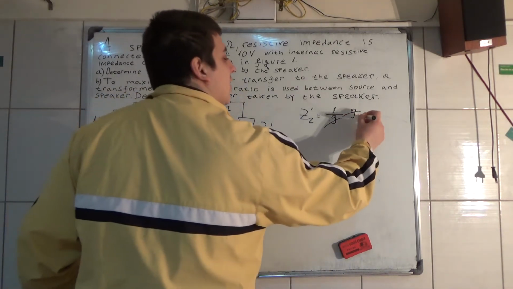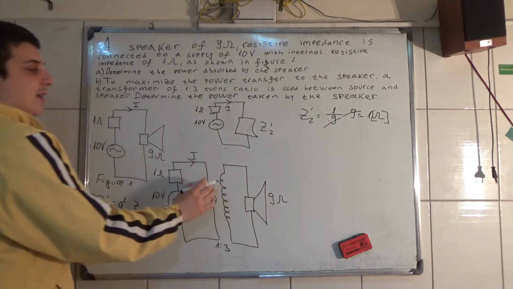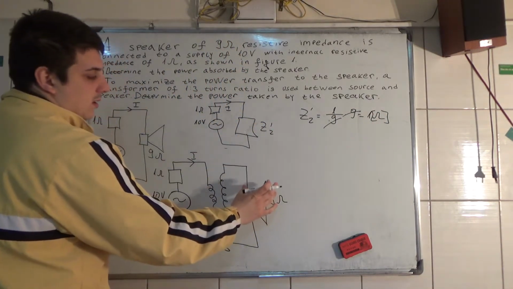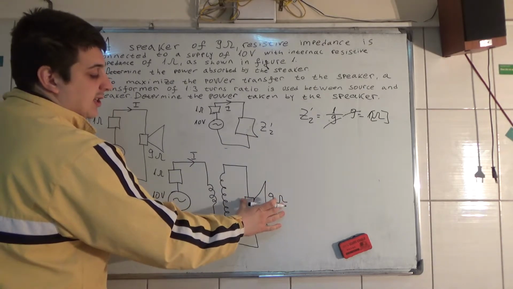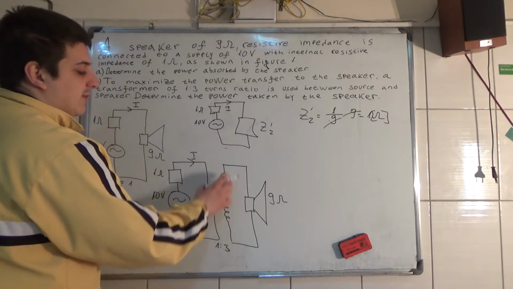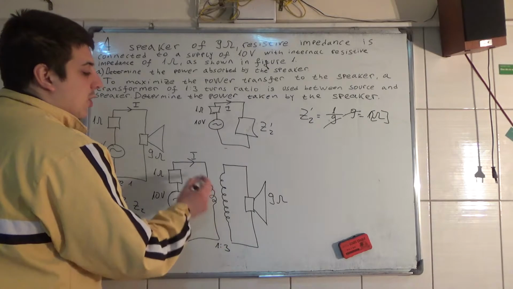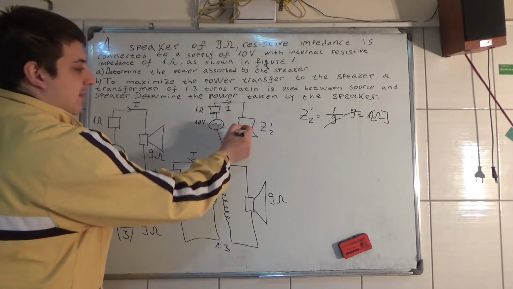This cancels out, and we have 1 ohm on the primary side. So the transferred value or resistance of this speaker on the primary side, when we put the transformer with this turns ratio, is 1 ohm.